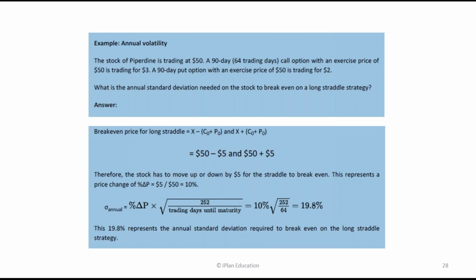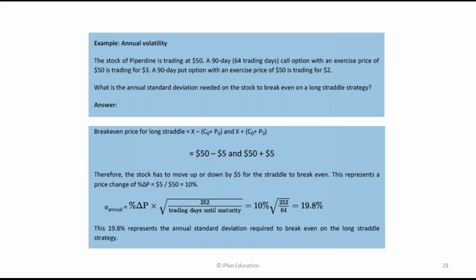Here the IV, that is implied volatility, is a little different from the standard deviation, but we can take it as standard deviation here. So if the implied volatility is, let's say, 12%, then obviously the market will not go beyond the premium paid, so you will have losses.